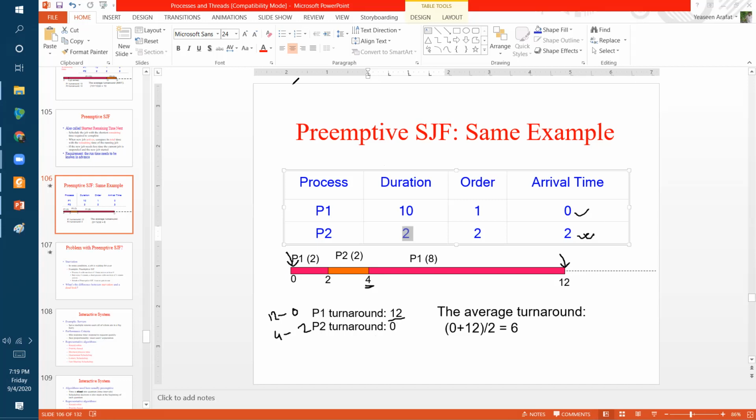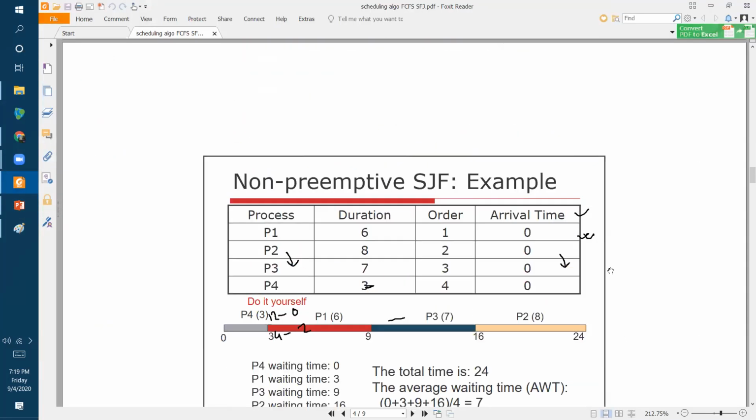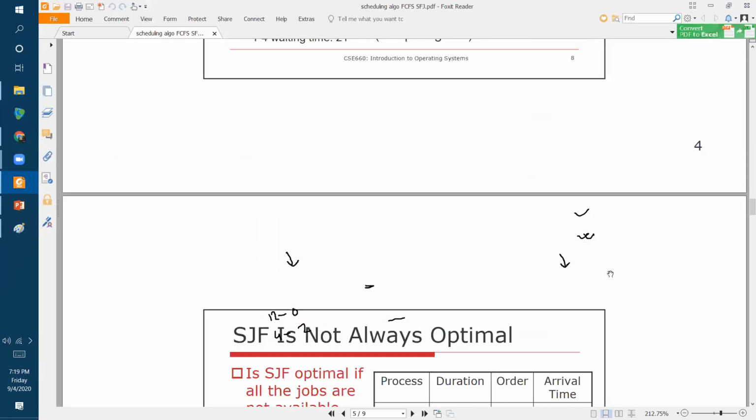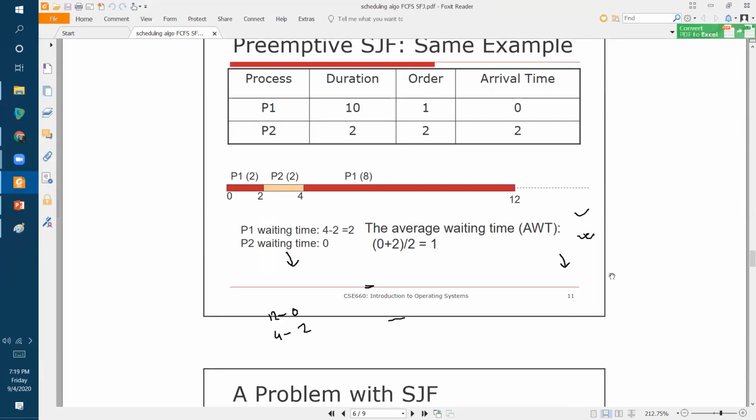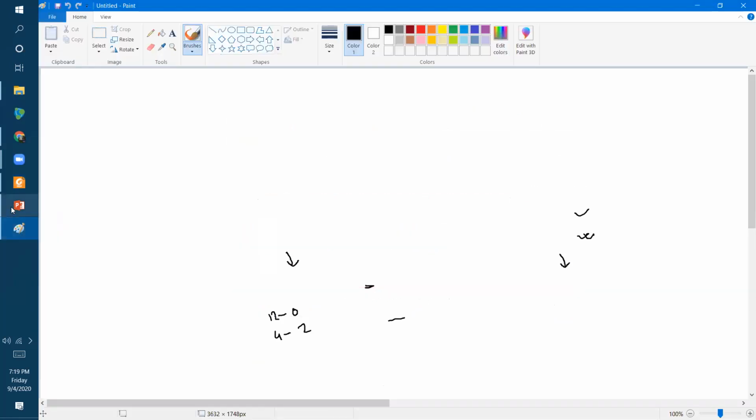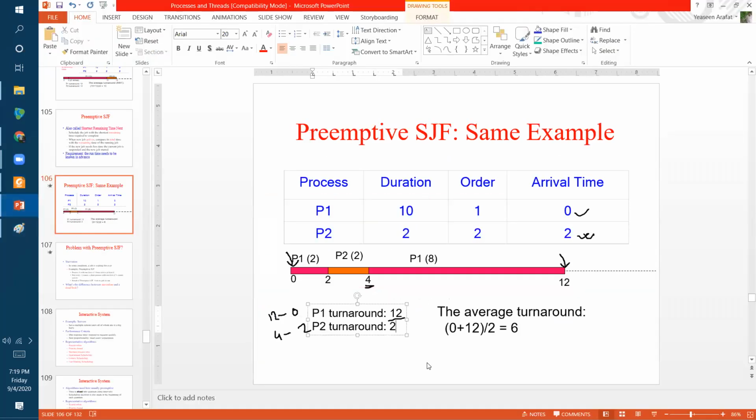So there is a mistake, I think. It should be 2. Yes, there is a mistake, because it's the waiting time. It should be 2.